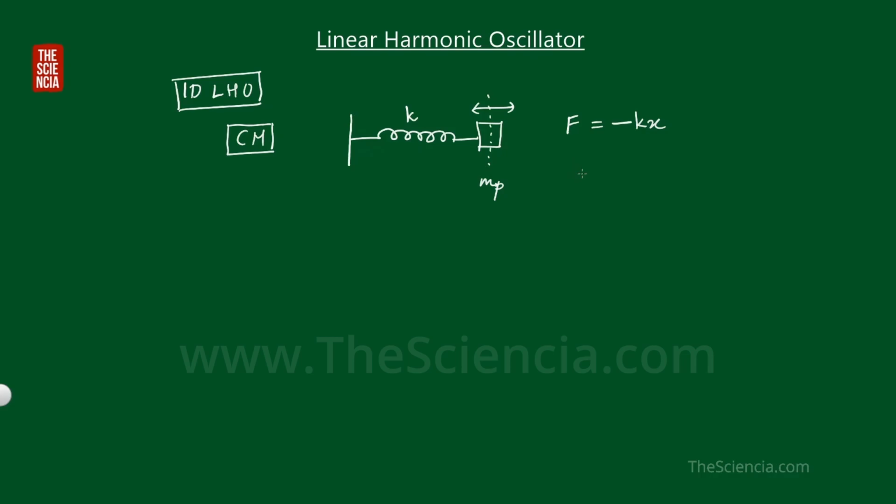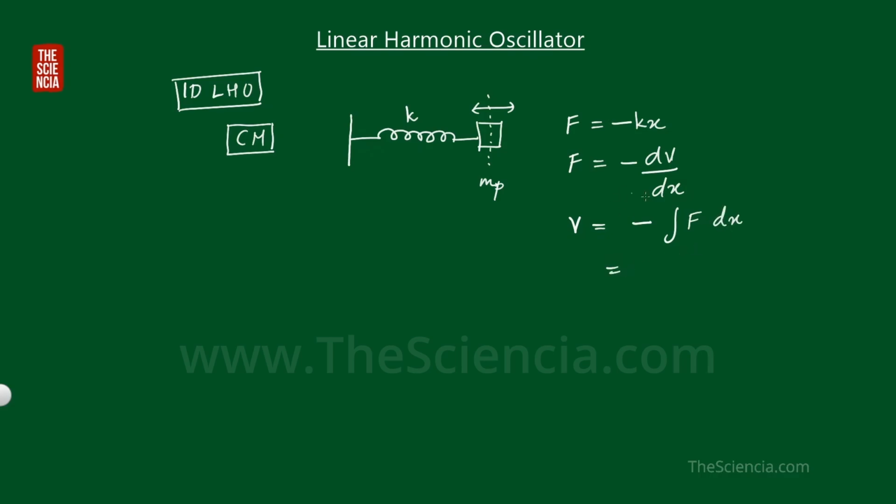And in classical mechanics, we know the force is nothing but the negative gradient of potential, that is minus dV by dx. So I can find the potential energy of a linear harmonic oscillator by integrating this function, that is V equal to minus integral F dx.